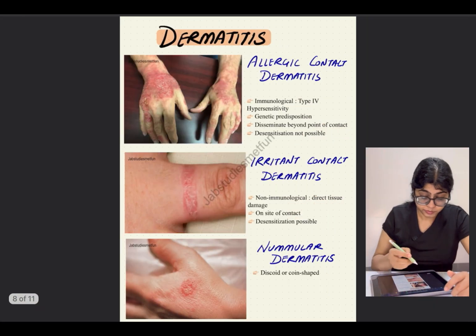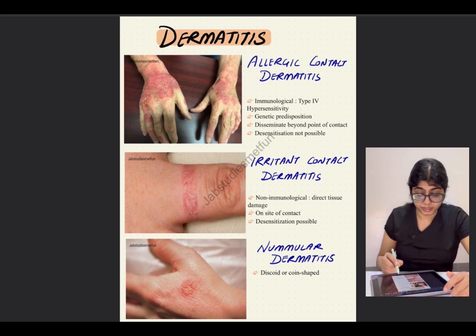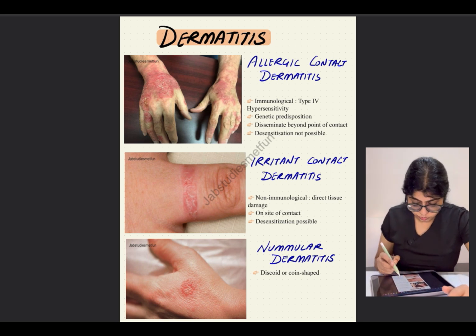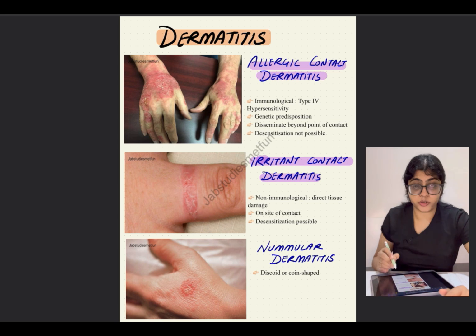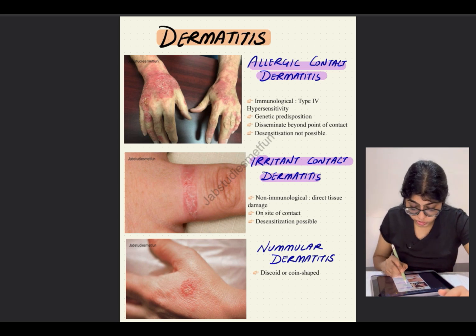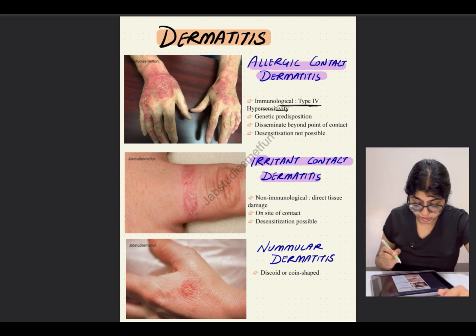The last topic is dermatitis. The first and foremost thing that comes in dermatitis is allergic contact dermatitis as well as irritant contact dermatitis. So what is allergic contact dermatitis? It is an immunological type 4 hypersensitivity reaction.